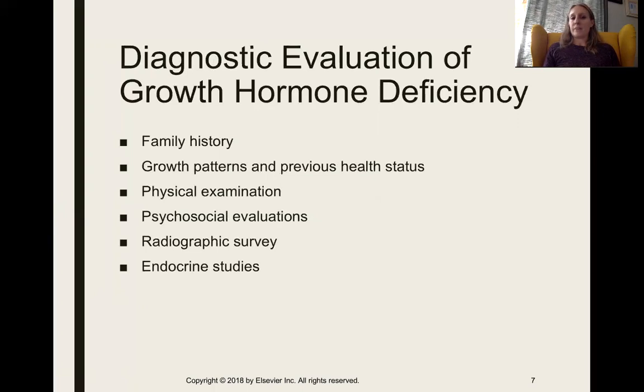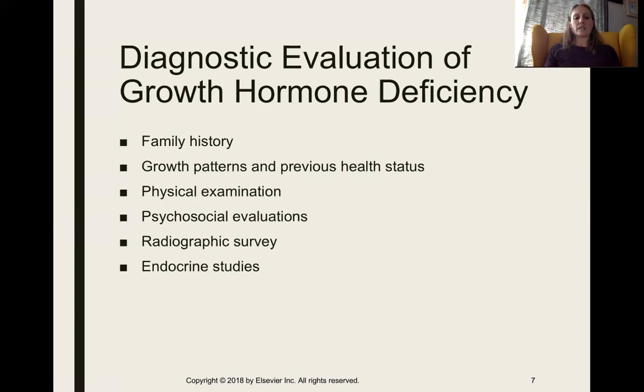We're going to look at the family history, at their previous growth patterns, and physical examination. What we're really looking to do is to isolate the organic cause. So is this caused by a tumor growth? Is it hypothyroidism? Is it an oversecretion of cortisol? Or what is causing this deficiency of the growth hormone?